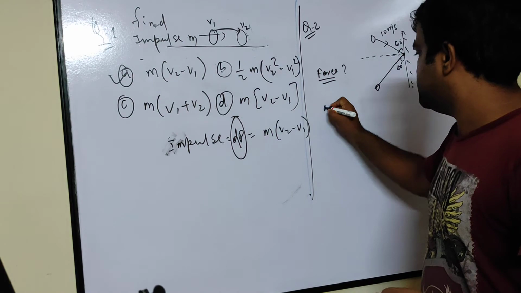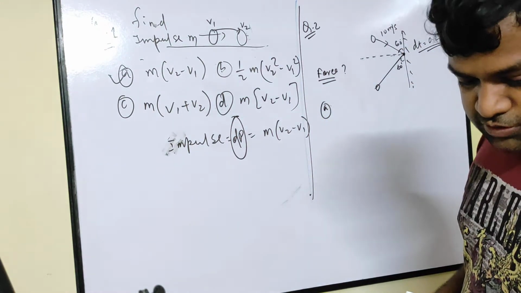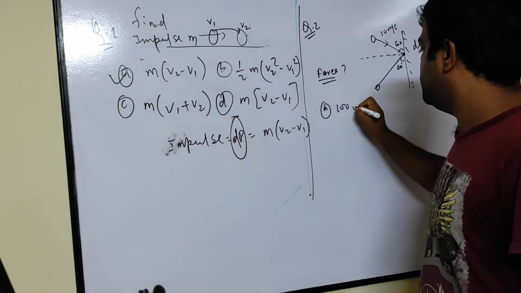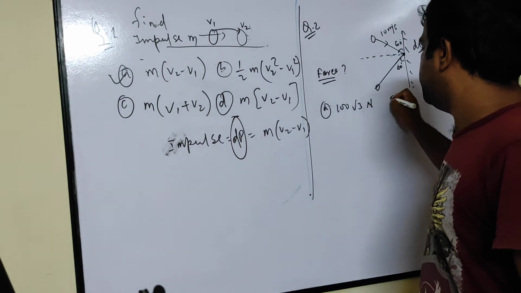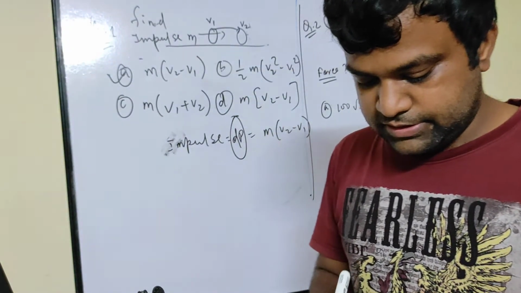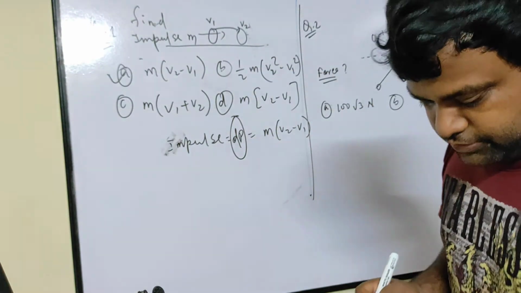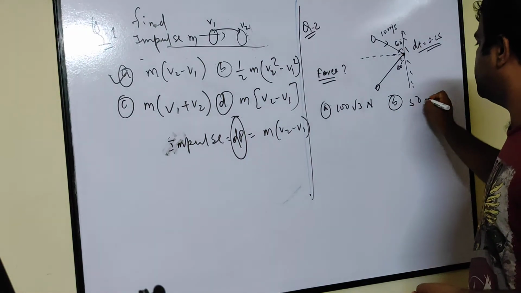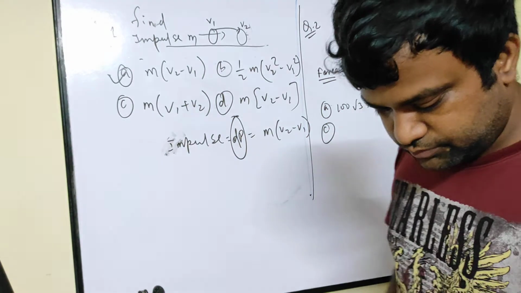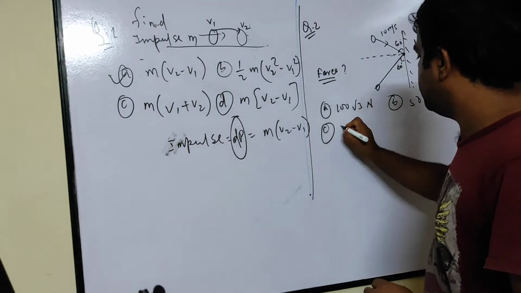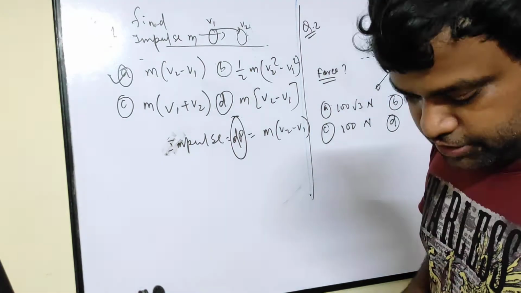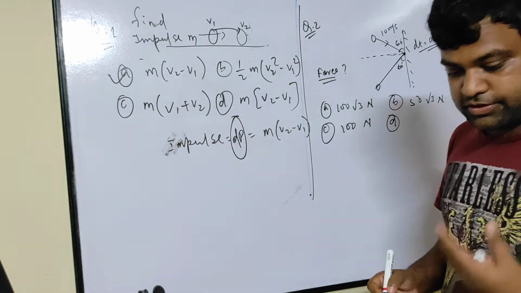So the options are: option A, 100 root 3 Newton; option B, 50 root 3 Newton; option C, 100 Newton; and option D, 75 root 3 Newton.